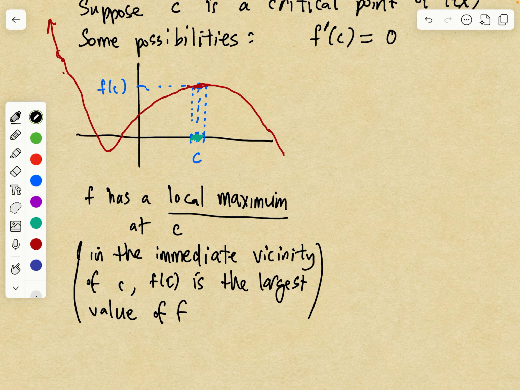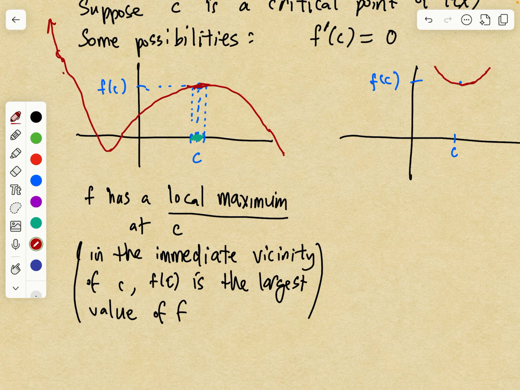That's one possible scenario. Another scenario is that you could have, say, c here, and then f of c is here. So you have this point. You could also have a local minimum. You could have something where it's like this. So in the immediate vicinity, this y value at x equals c is the smallest.